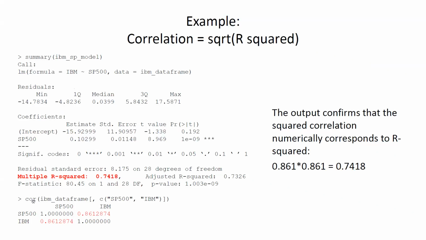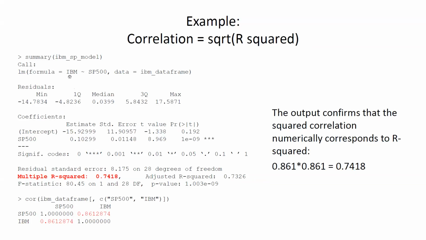And here we calculate the correlation between the two variables by hand. Here this refers to the correlation between IBM, a large US company, and the S&P 500 index.